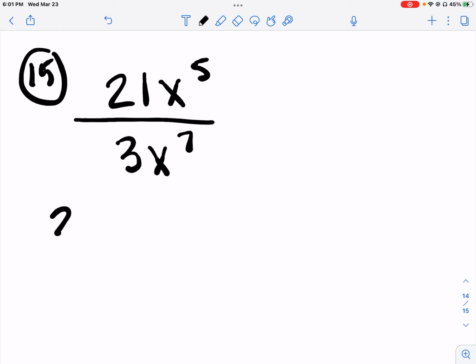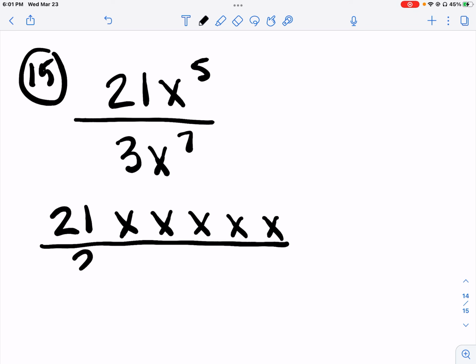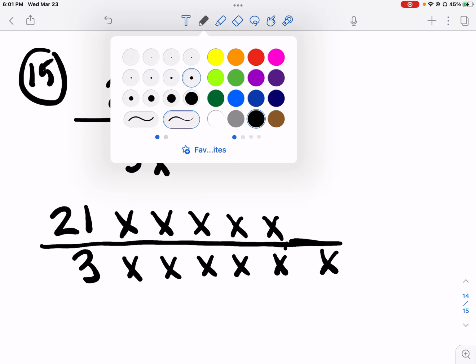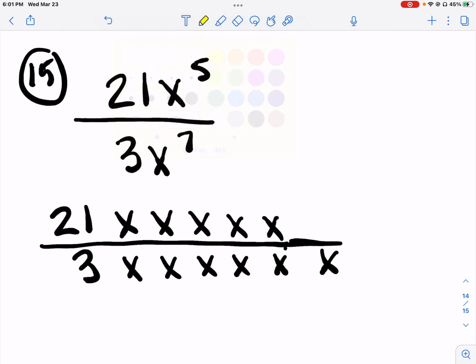Okay, so we have 5 on top, 7 on bottom, divide out.